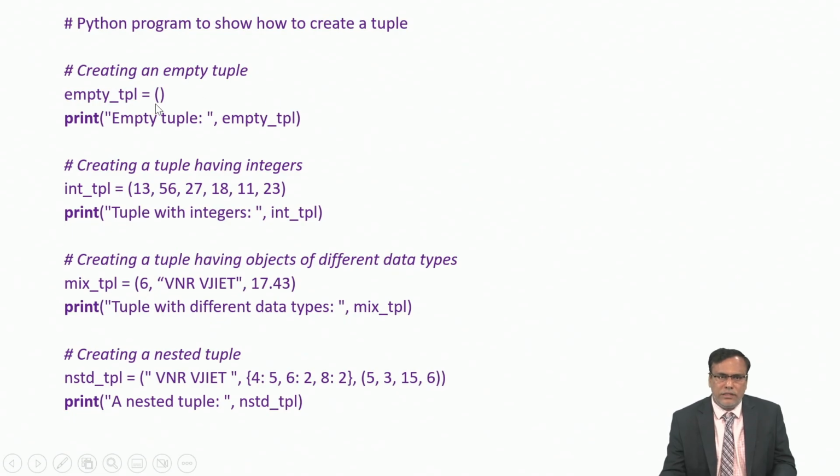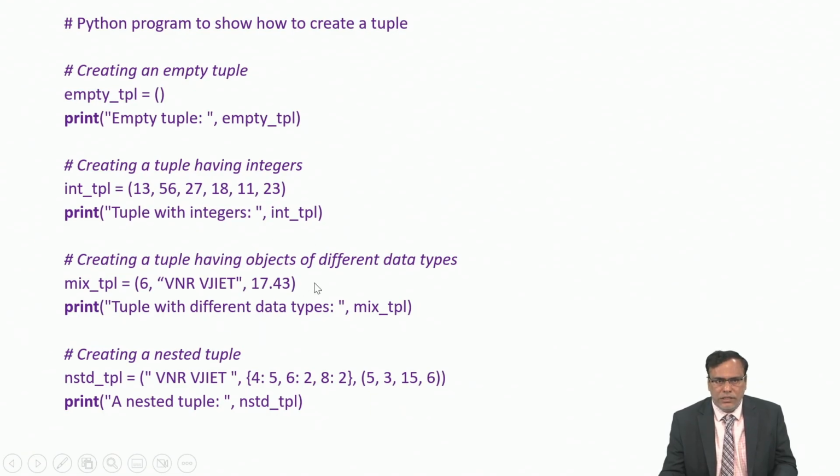Like creation of an empty list, we can also create an empty tuple. Creation is like this. You use parentheses and you do not give any data if you want to create an empty tuple. And here I have created a tuple with some integer data, and I try to print the content of that tuple.